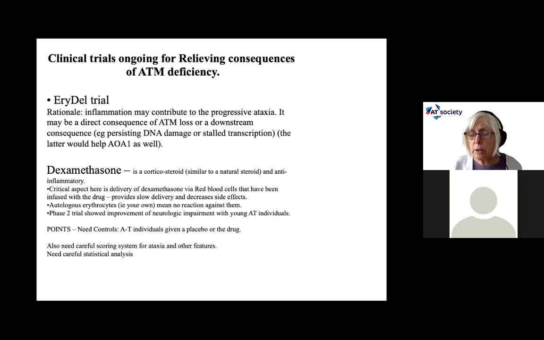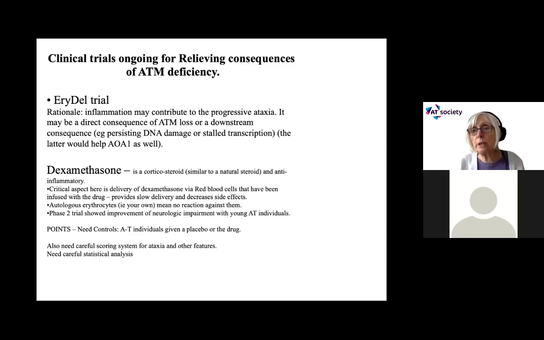It's important that there's a careful and accurate scoring system for ataxia, and there's been quite a lot of discussion as to the optimum system. I should say that this is an international trial, so it is important that the scoring system is done in an international way, so we're all assessing things in the same way.